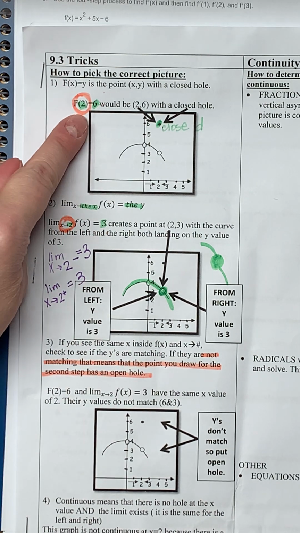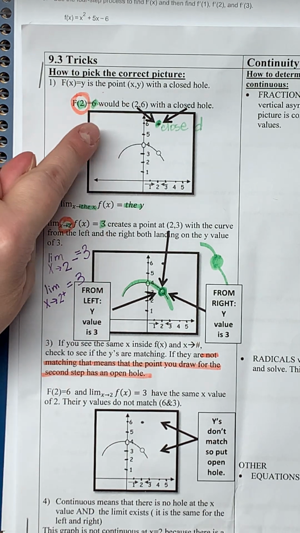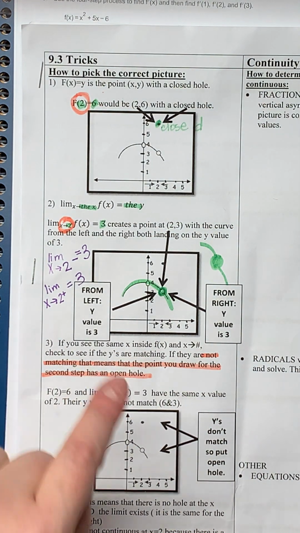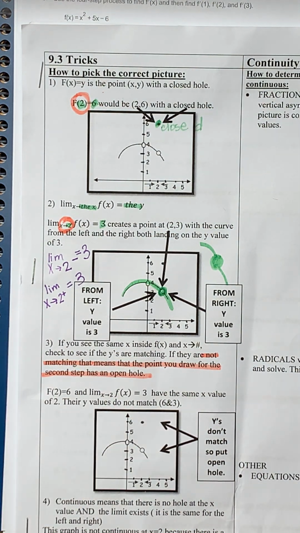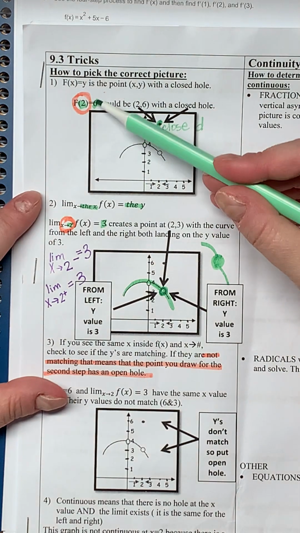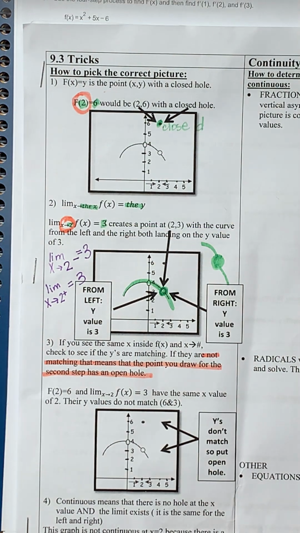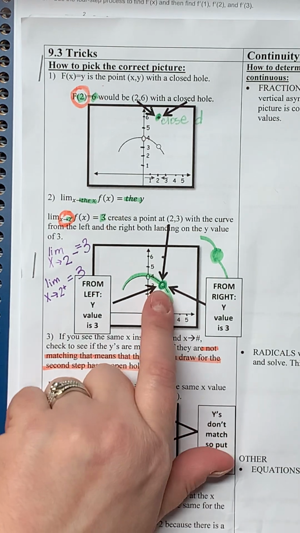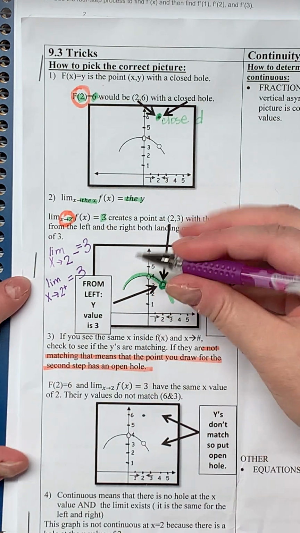Since it has a different y value, it's just hanging out above or maybe below, but it's not on the curve because the y values don't match. So on your homework, if the y values don't match, draw an open hole on that second step. Okay?